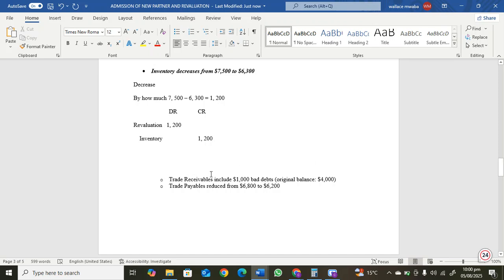Trade receivables include 1,000 bad debts. Original balance 4,000. Colleagues, what are bad debts? Those who have got low.